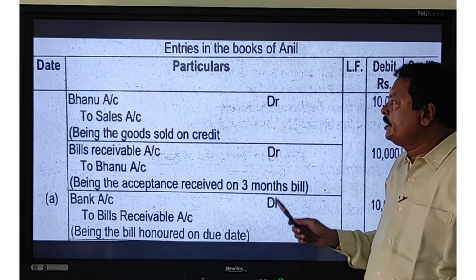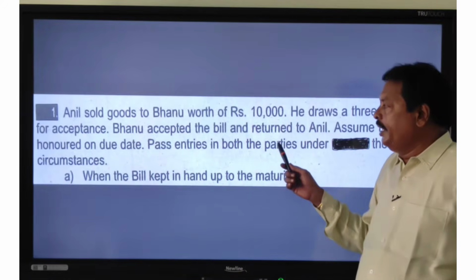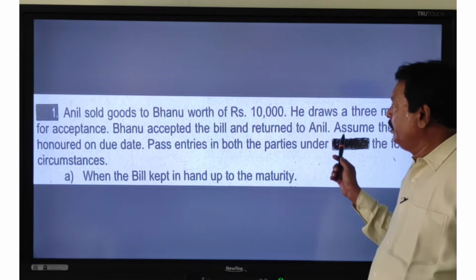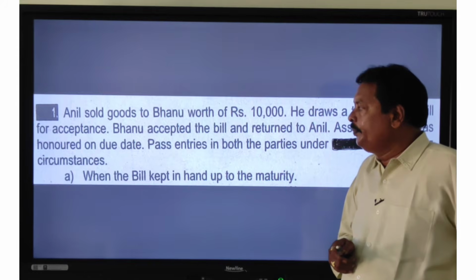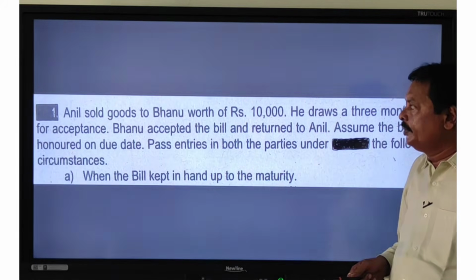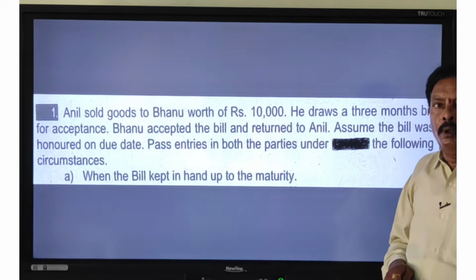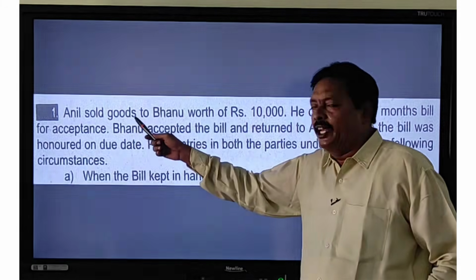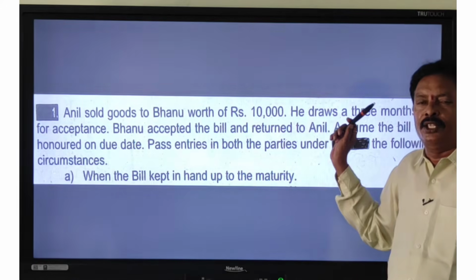So students must read this problem carefully. What are the transactions that occurred in this problem? 3 stages. First, Anil sold goods to Banu for 10,000 rupees.